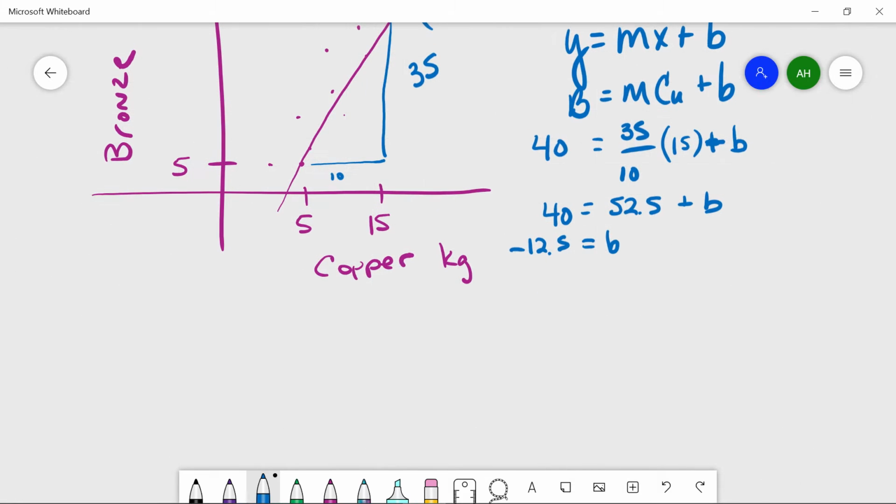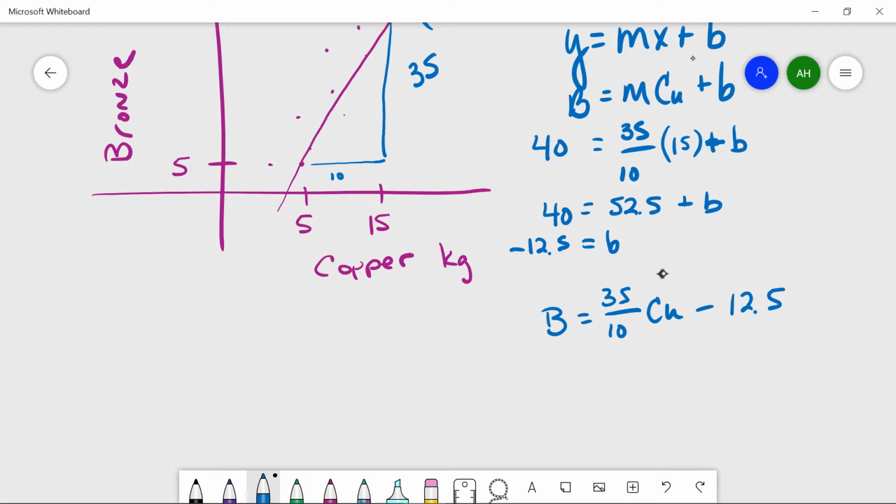So now I can write the equation for this line. I've got a slope and I've got a y-intercept now. So this is going to be B equals 35 tenths Cu, and not plus, but minus 12.5.